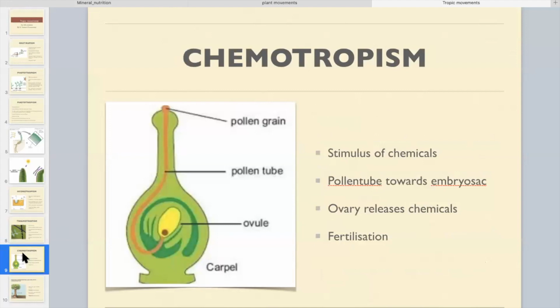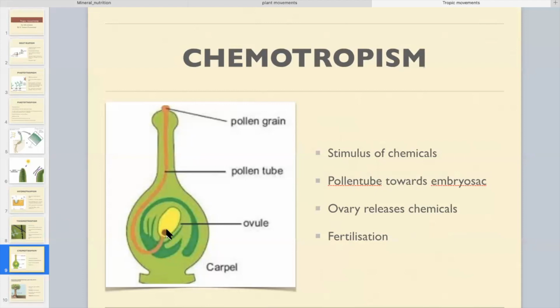Next one is chemotropism. Movement of the plant in response to any chemical substance is called chemotropism. The best example of chemotropism is the germination of a pollen grain towards the ovule.